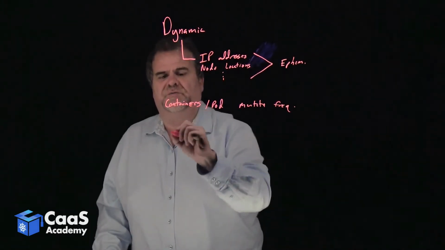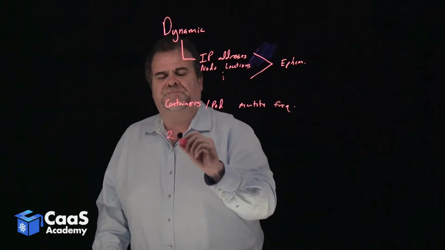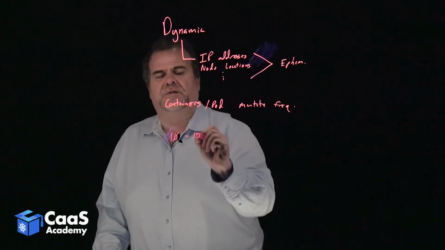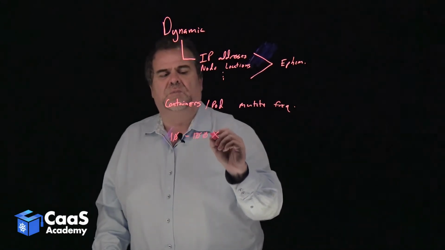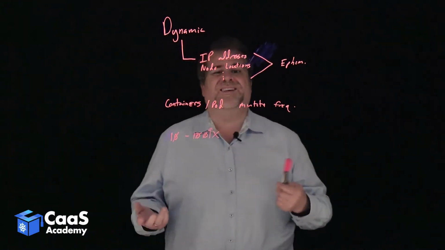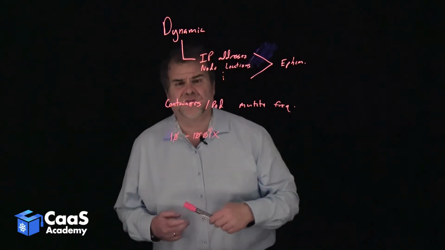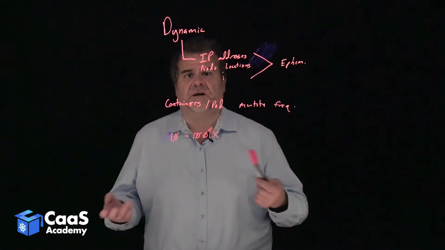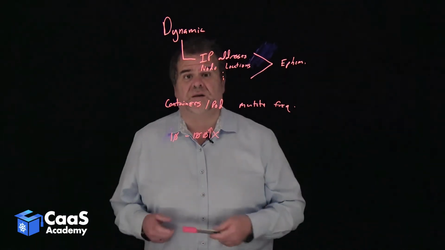We have 10 to 100x or more containers than we did VMs. There's a lot of these things. They're very dynamic. They're coming and going very frequently, potentially in wall clock time.